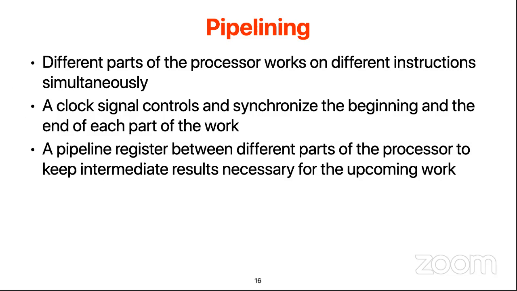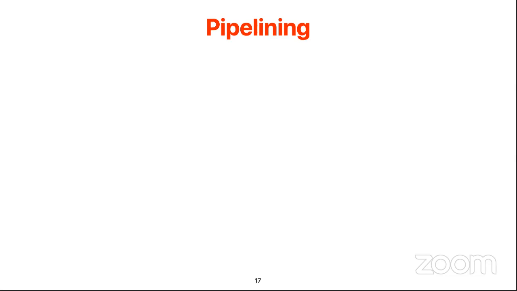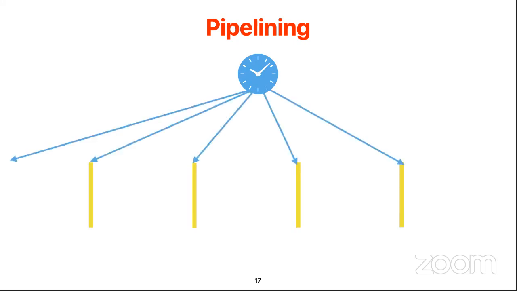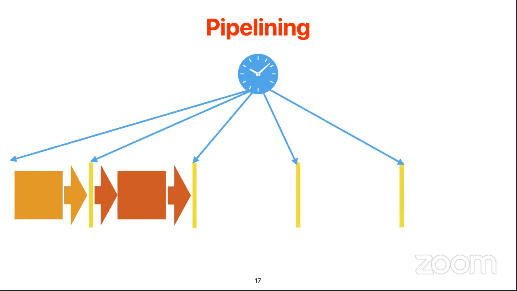So pipelining has that kind of flavor in a way that, first of all, it's controlled by a clock. So this is a clock. We divide the circuit using pipeline registers, which are those that we colored in yellow. And all the pipeline registers, as well as the very beginning of the circuit, are controlled by the clock. Whenever the first clock signal comes, the first job will come in. Then when the second clock signal comes in, the first job will advance to the second stage in the pipeline, and another job can use the freed-up resource from the first instruction to occupy the first part.